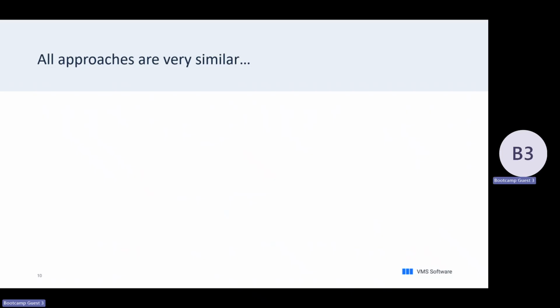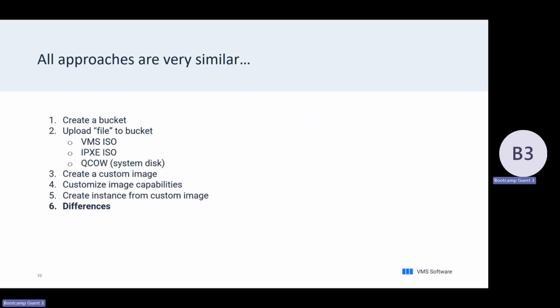Yes, so all approaches are quite similar. These are the steps that you have to do with all. You create a bucket in Oracle Cloud. A bucket is file storage. Basically, you have a folder in there. You upload a file to the bucket. Now, this can be the VMS ISO, which I don't recommend, the iPXE ISO, or a QCOW file, which, as I mentioned, will be your system disk.